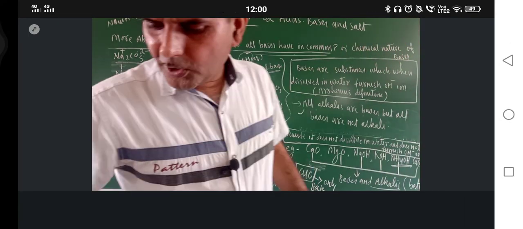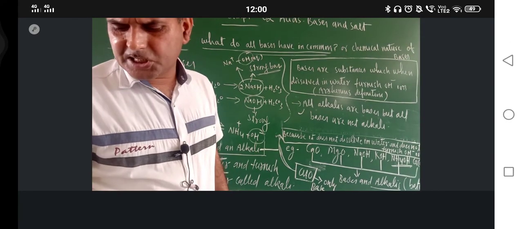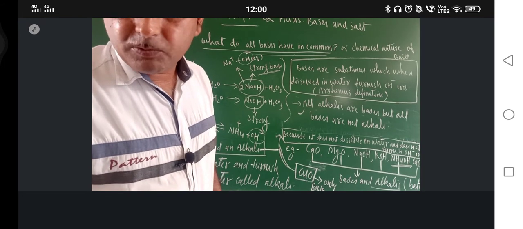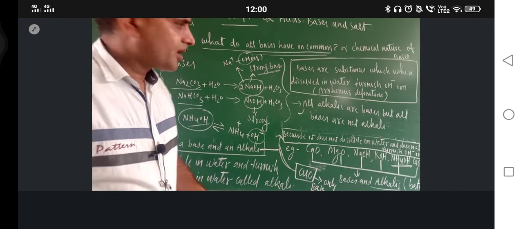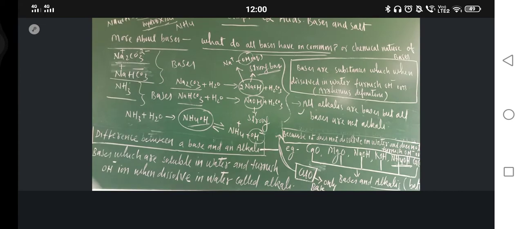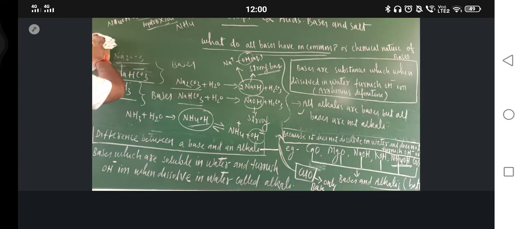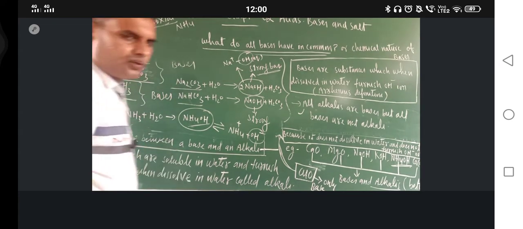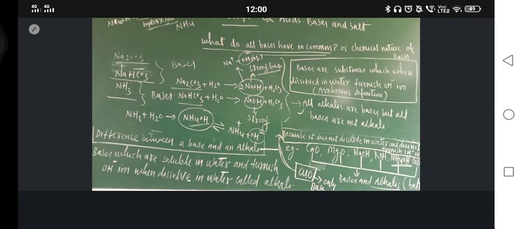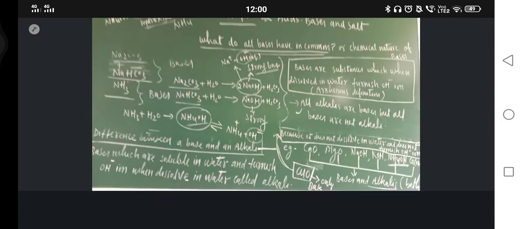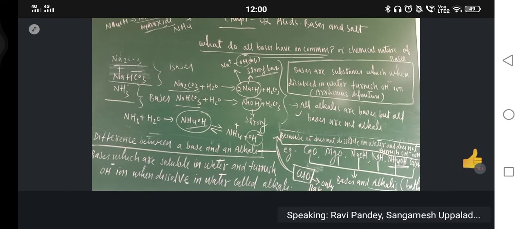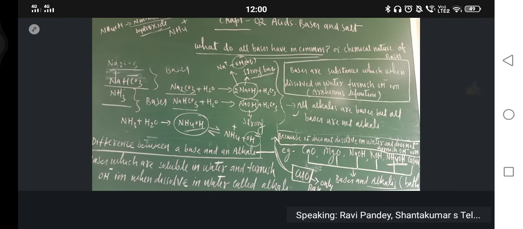Now I am going to explain neutralization reaction with the help of one activity. I will rub this side. I hope that you have noted down. Shall I rub this one? Please tell me. Yes, everybody noted down.